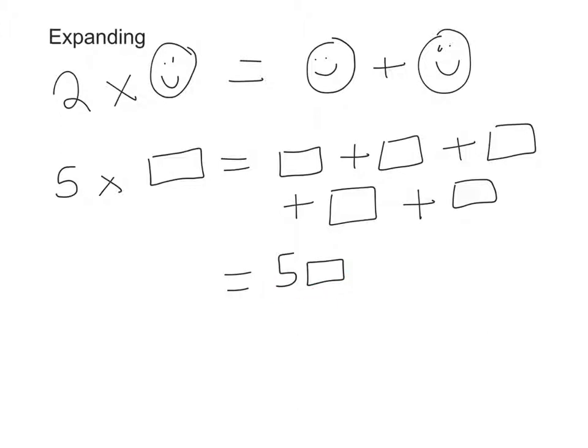Now, if we think about expanding in terms of something linear, we can actually expand things like this, which you may have seen before. So let's go 2 times bracket 1 plus 4. Now, we know with BODMAS that we have to do this stuff inside of the bracket first.